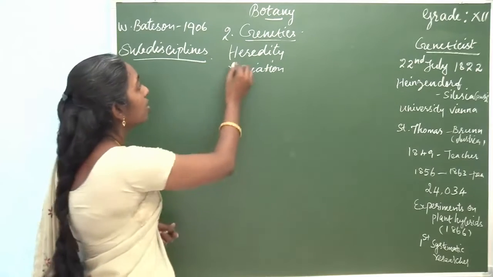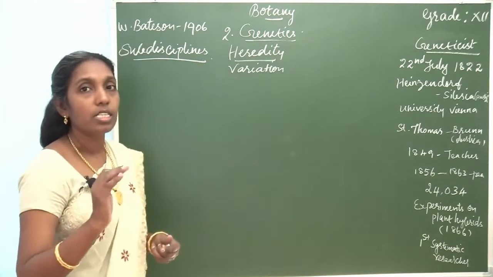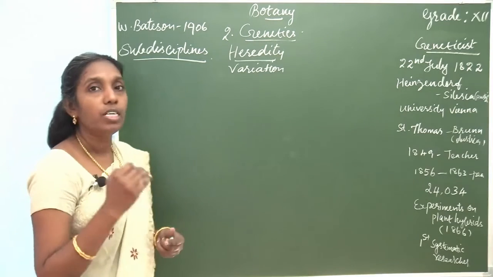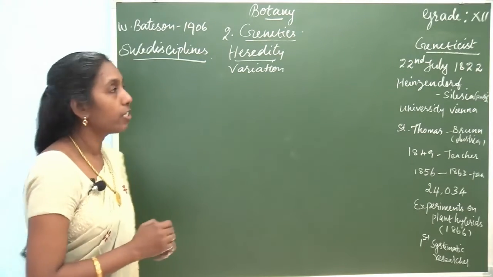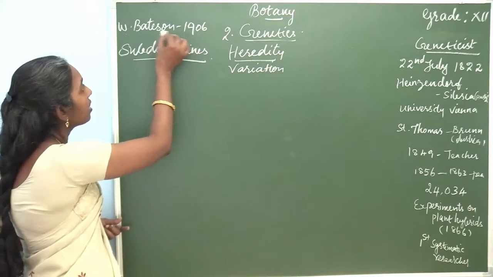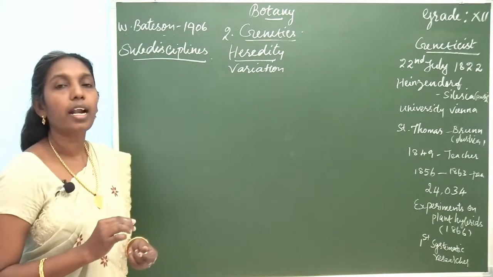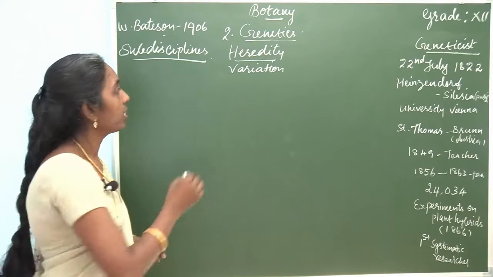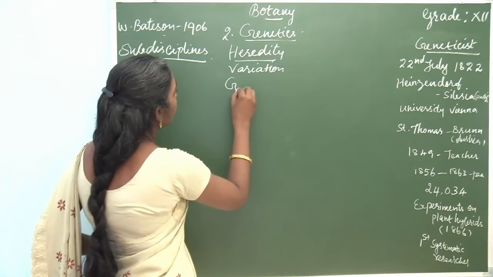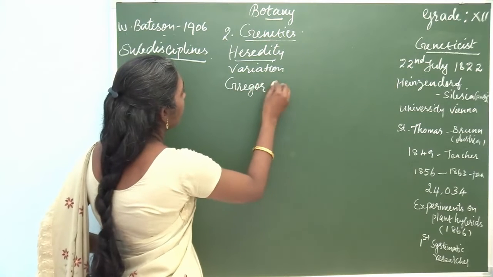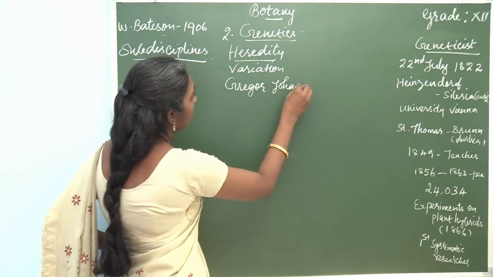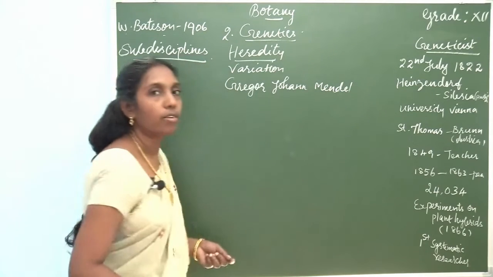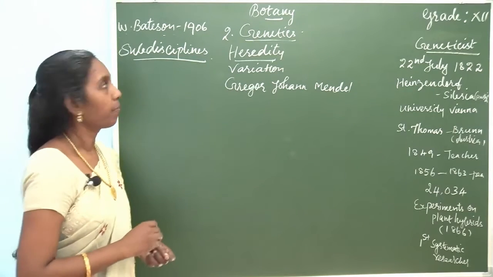The word genetics was first introduced by W. Bateson in the year 1906. And do you know who was the father of genetics? Gregor Johann Mendel was the father of genetics.